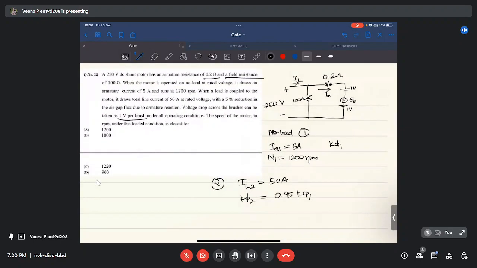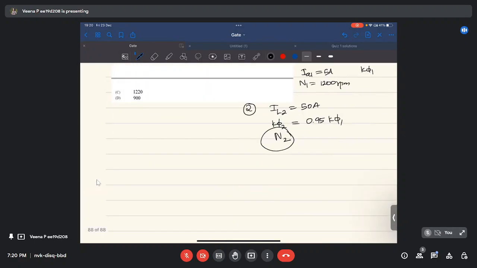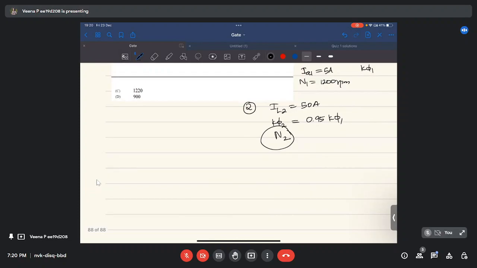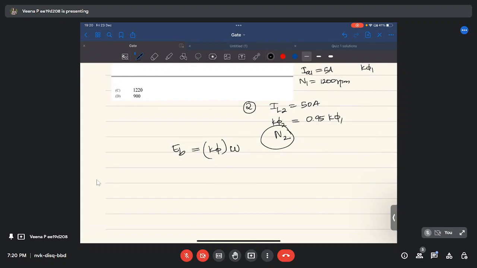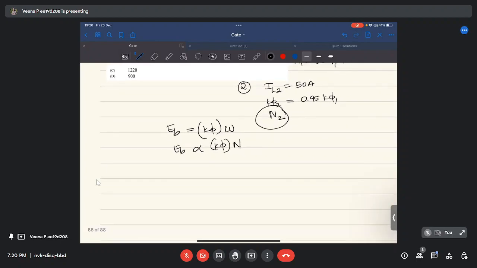Now the speed of the motor in the second case, N2, is what we have to find. For a DC machine, the back EMF is proportional to the field flux times the speed in RPM. So we have to find N2. EB1 by EB2 is K phi 1 by K phi 2 times N1 by N2.